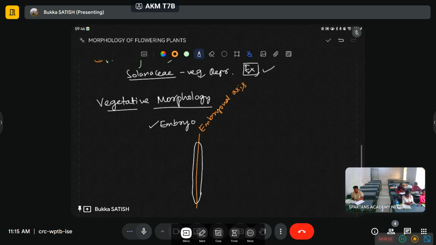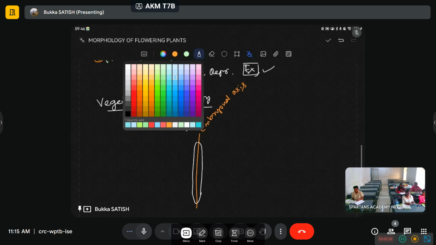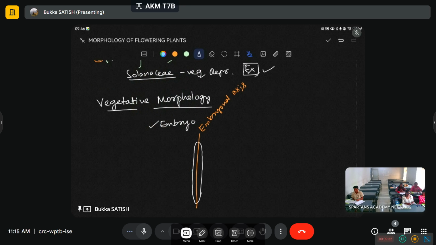Basically the one which I have shown is the embryo. This axis is the embryonal axis. The embryo is associated with cotyledons. Whether one cotyledon is there or two cotyledons are there is the difference between dicot and monocot.